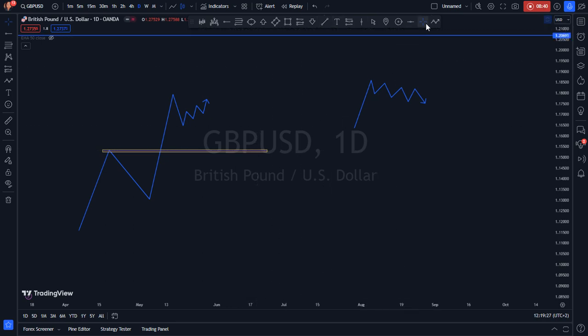Always you have to figure out the trend first, because if you miss the trend, you're going to make a mistake. So this is a bearish flag. This is an up flag continuation. This is a bearish flag in a continuation part.